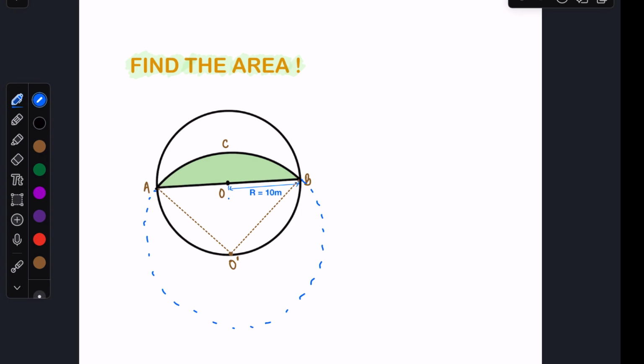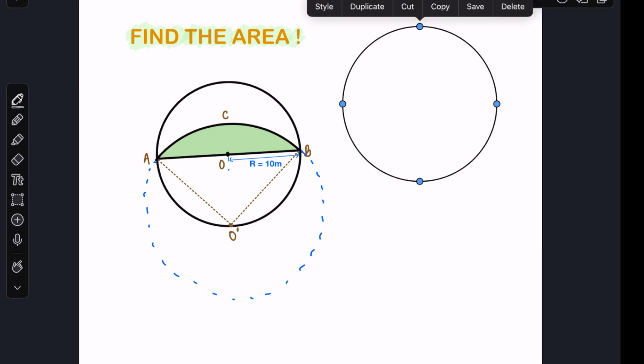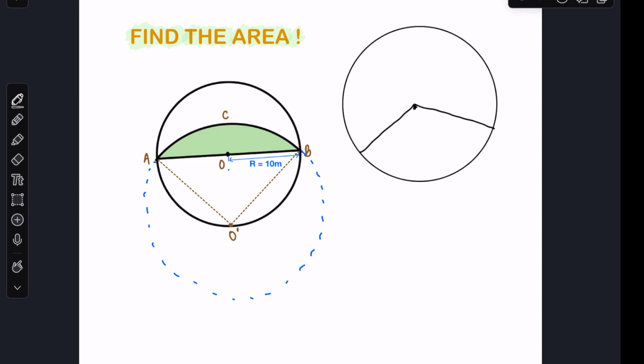So the concept is that if there is a circle, then the angle at the center is twice the angle at the circumference. If this is x, then this is 2x.